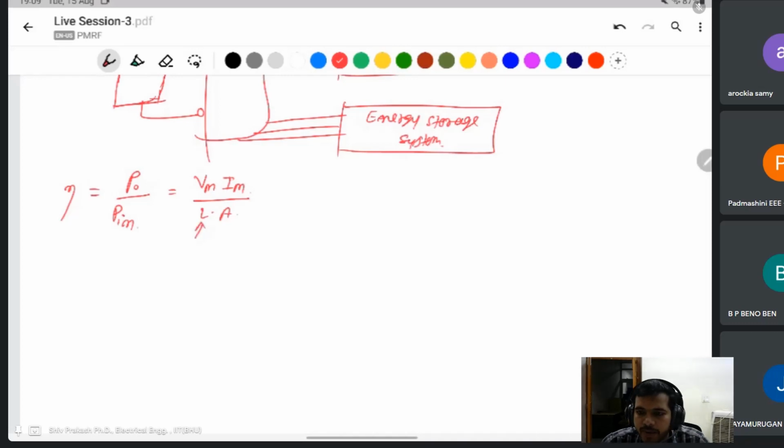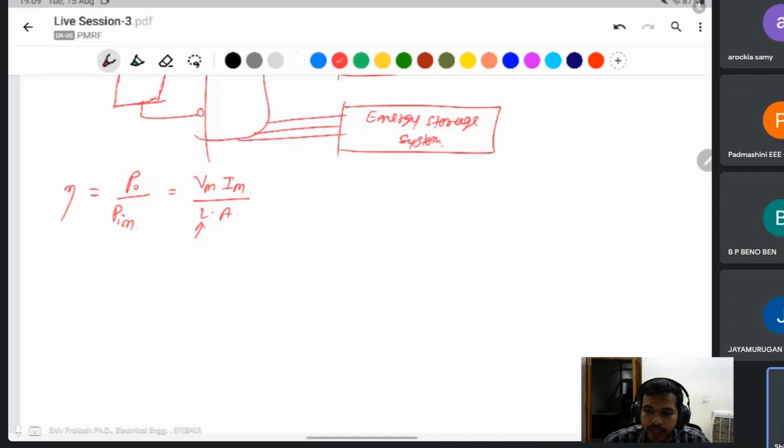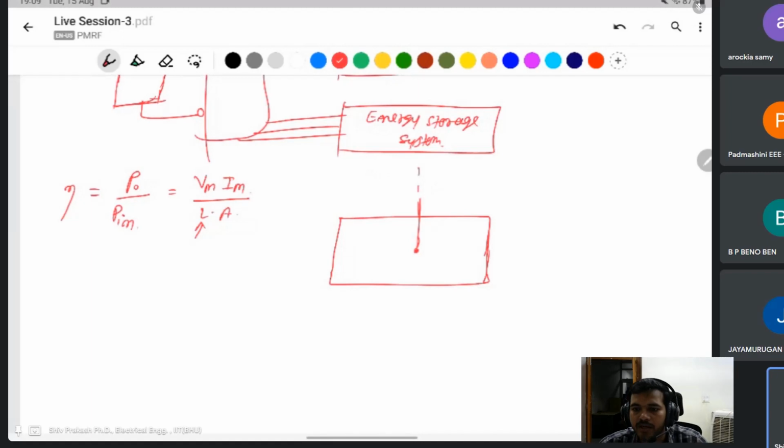But the insolation depends on the sun's radiation and orientation. Suppose you have a plate like the solar PV panel. This is the normal to the surface, but the sun is not always normal to the surface.